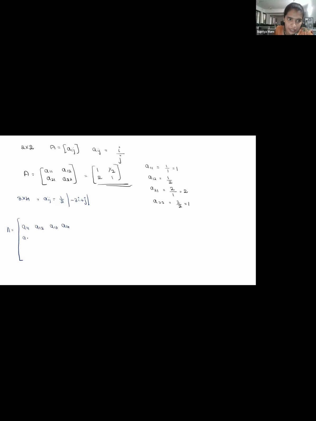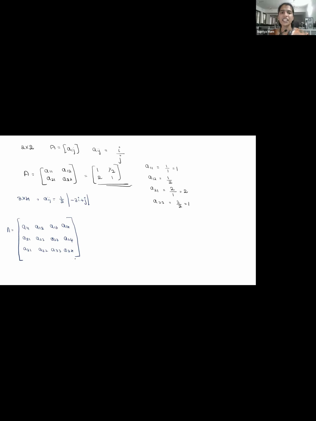Next the second row: A21, A22, A23, A24. Third row: A31, A32, A33, A34. A fourth row is not needed. Why? Because it is a matrix of order 3 by 4, only 3 rows and 4 columns.